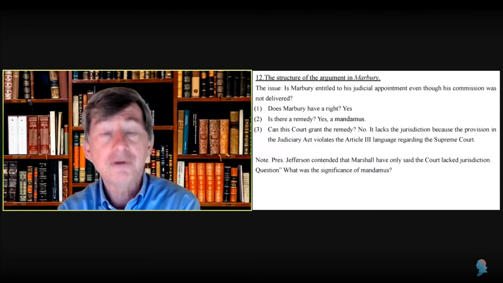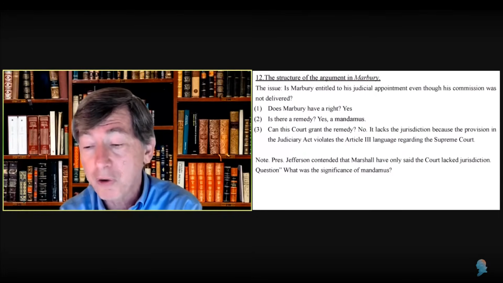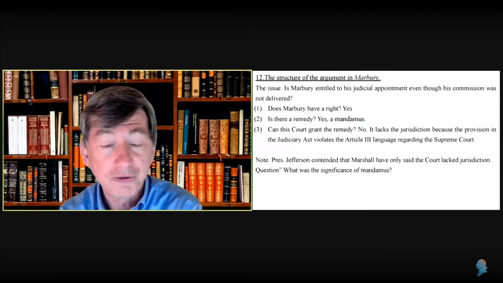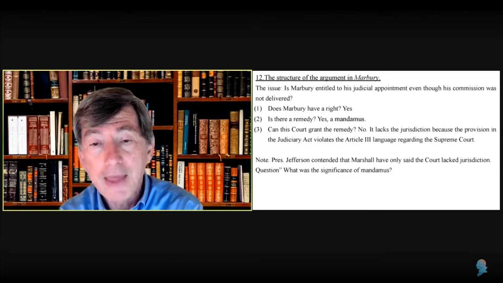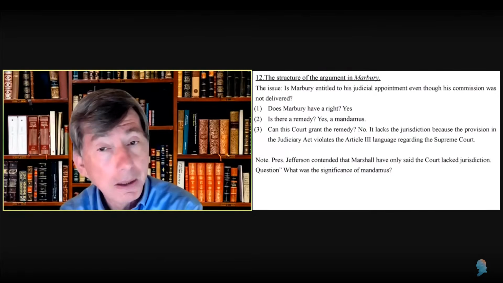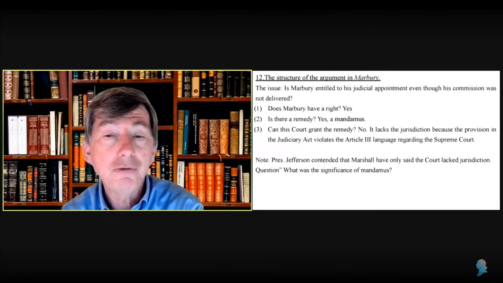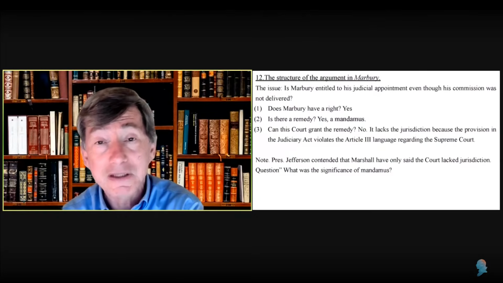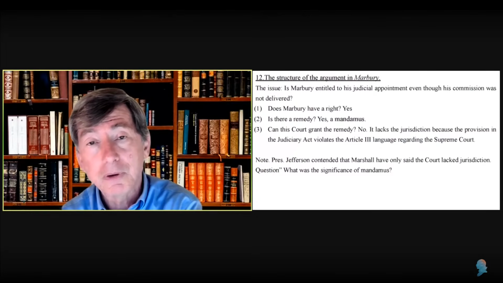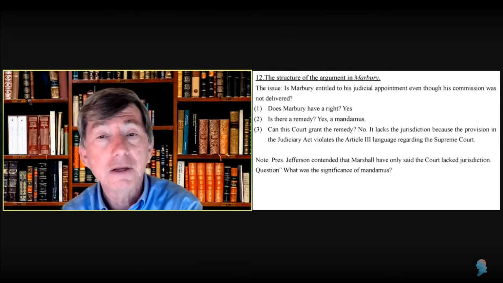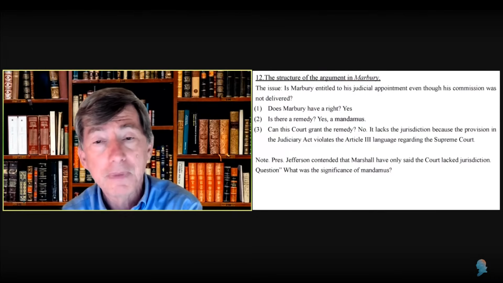Note that President Jefferson contended that Marshall should have only said that the court lacked jurisdiction. Well, that certainly is the common law approach, but in the common law approach, the highest court of the judiciary is a chamber of the legislative branch, the parliament.